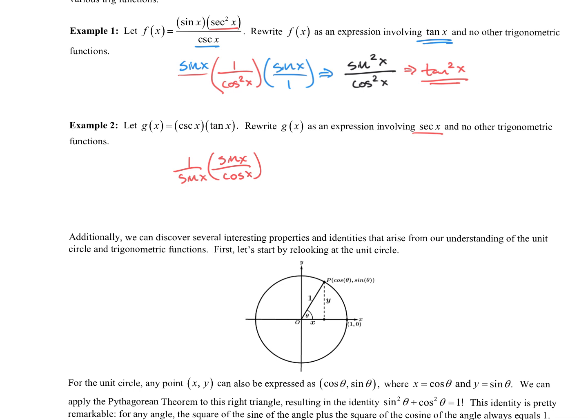The sine x's do what? They cancel. Just like we do those little boxes in chemistry, remember? So my sine x is canceled. And so now I'm left with what? 1 over cosine x. And what really is 1 over cosine x? That's secant x. And there we go.